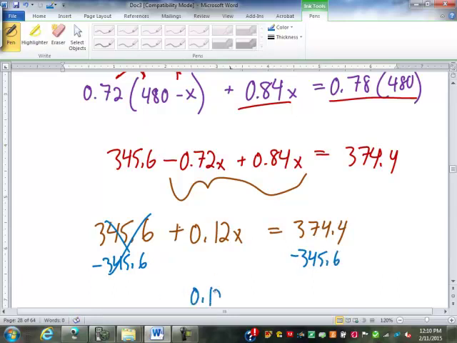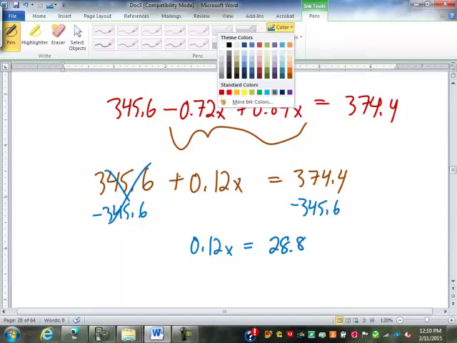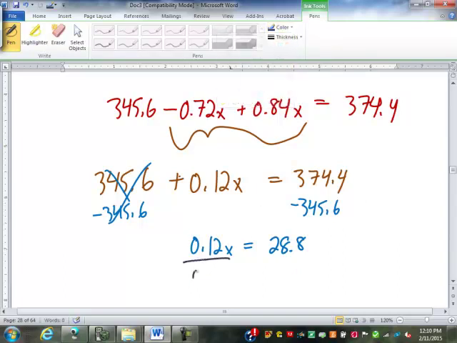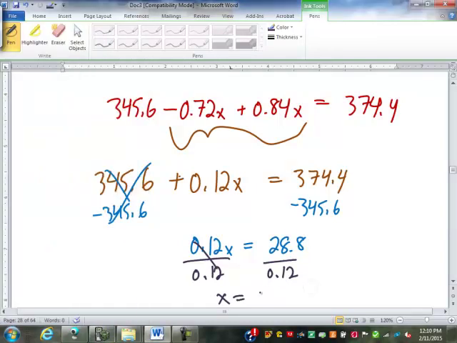So 0.12x equals, what is this going to be? 28.8, I believe. That looks right. And we're going to divide by 0.12. We get x equals 240.